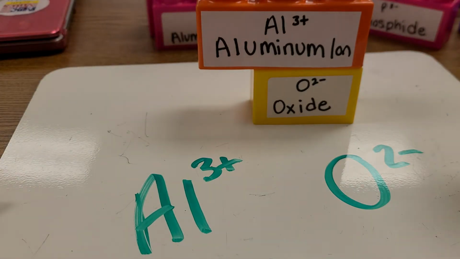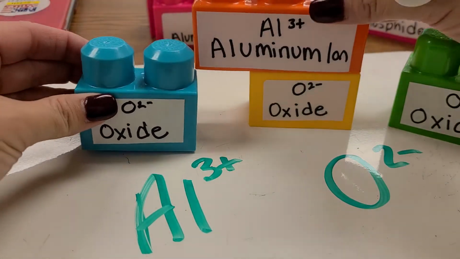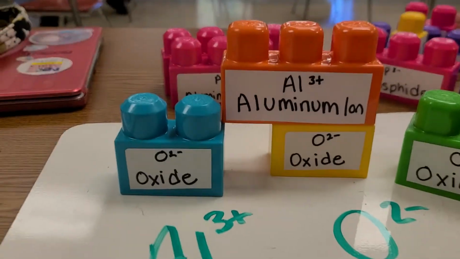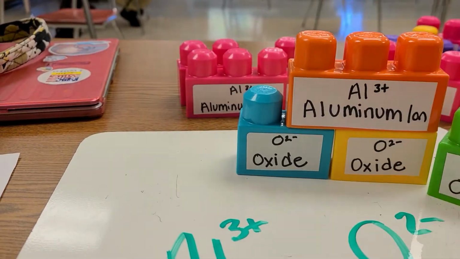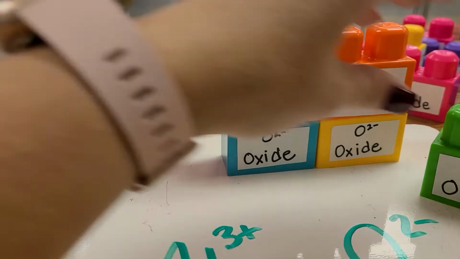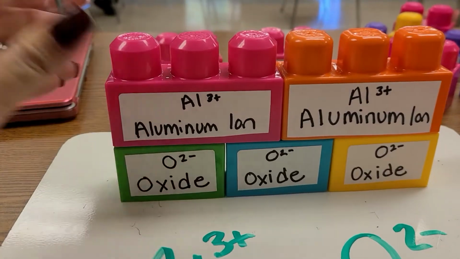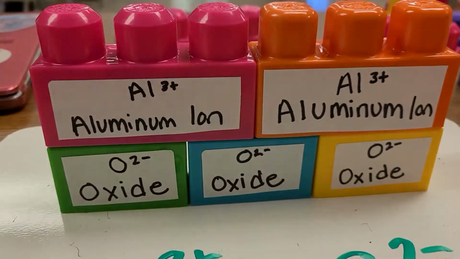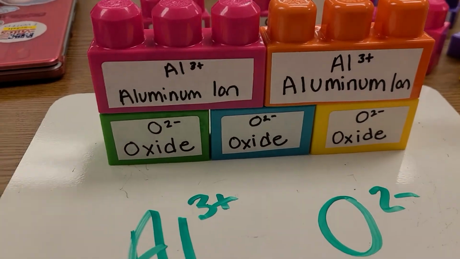It means that we're going to need multiples. So to build this, I can put another oxygen here, but I'm also going to need another aluminum, and then another oxygen is going to even that out. So see how I need 2 aluminums and 3 oxide ions to even out the charges here.